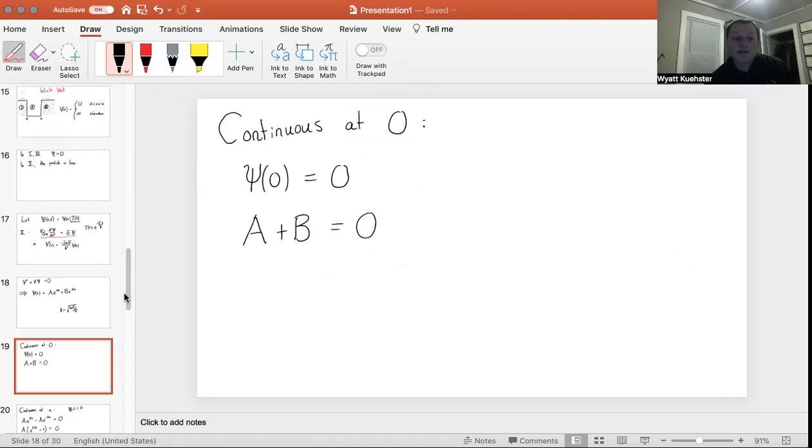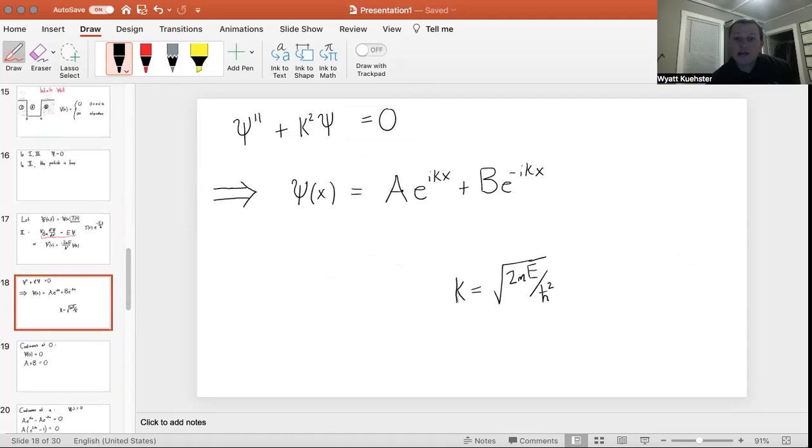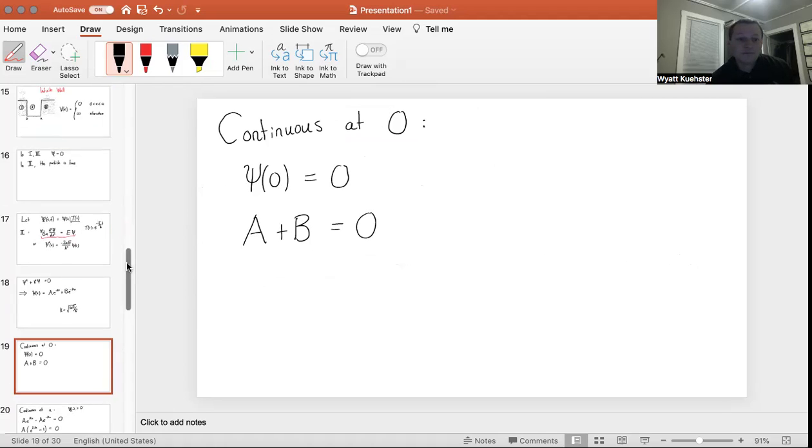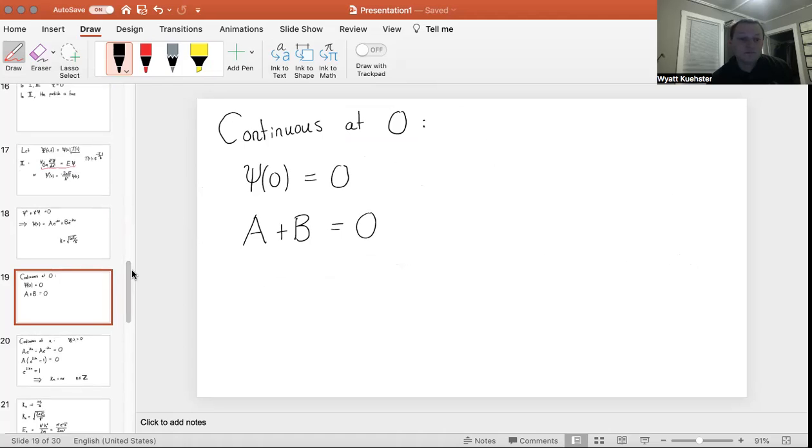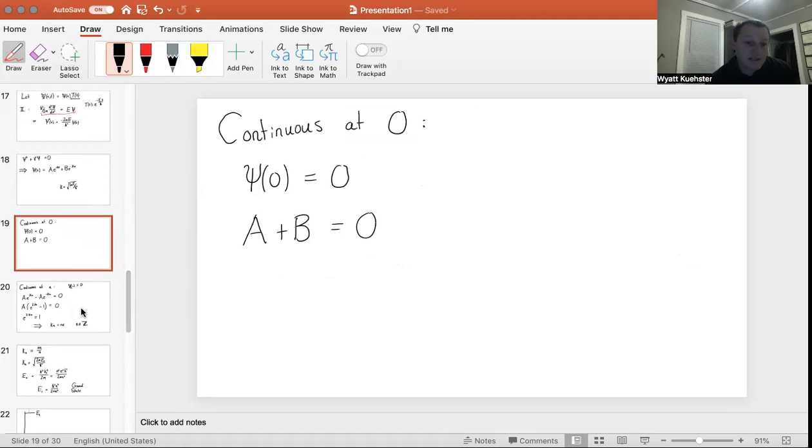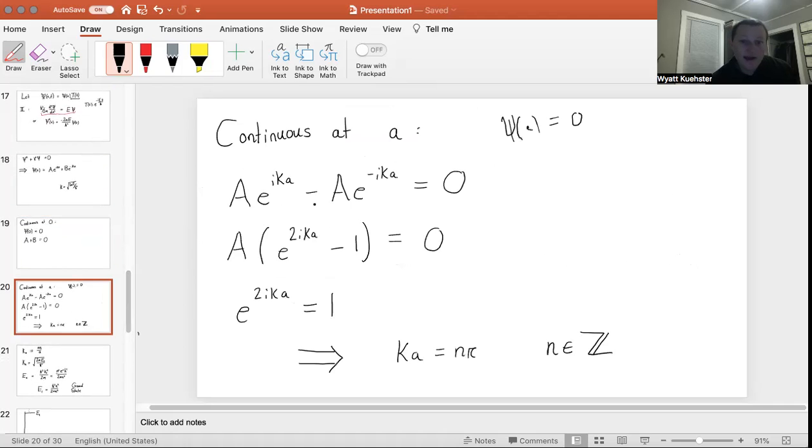So psi of 0 should be 0, which means if I plug 0 in here, I get A plus B, so A plus B equals 0, or A equals minus B.